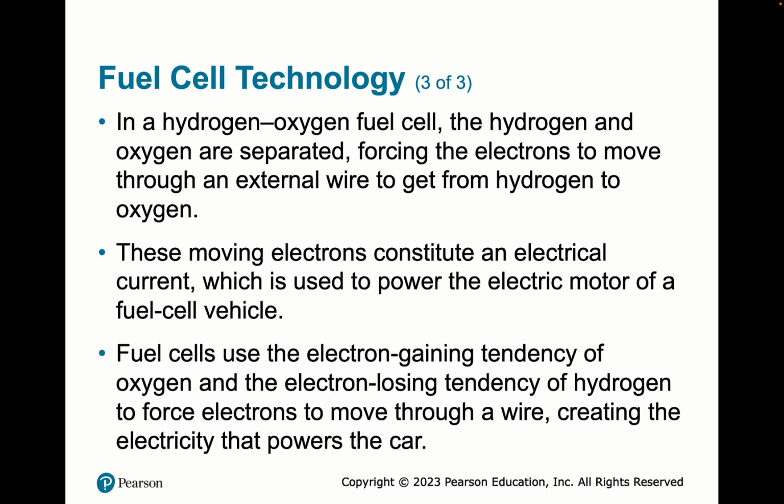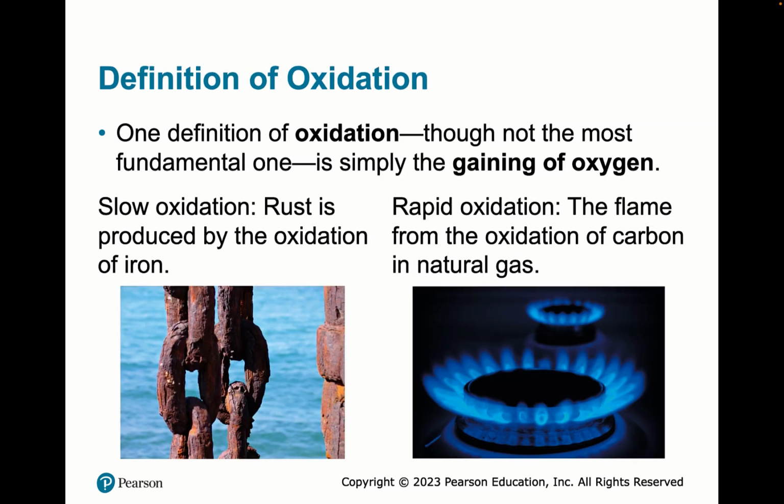They go through the circuit to the oxygen, and that reduces the oxygen. Then the hydrogen ions transport across to the oxygen to form water. So you can see this is a difficult process. Fuel cell technology is not an easy thing to do, but we'll talk about that near the end of this chapter.